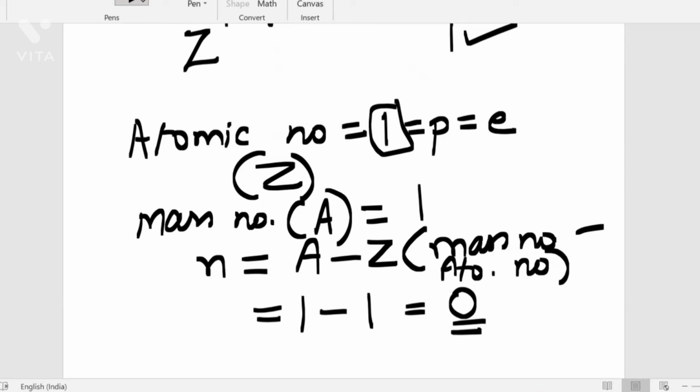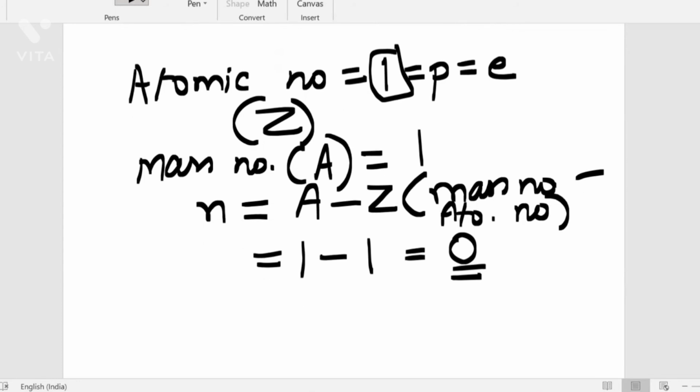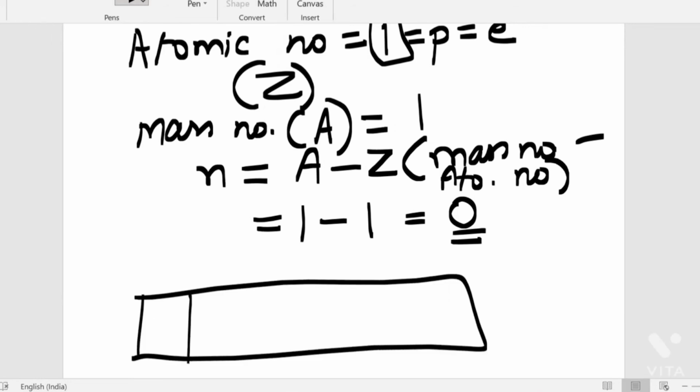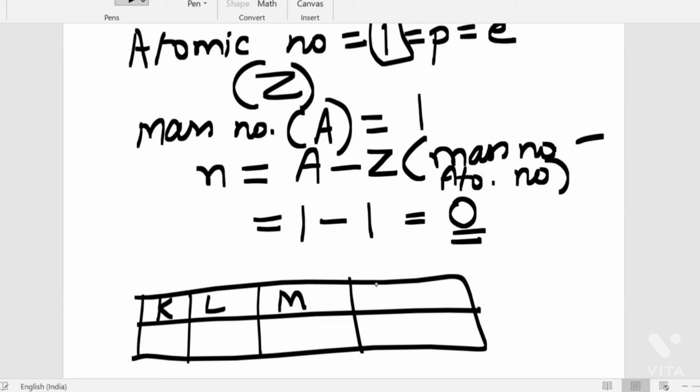Then how to write the electronic configuration? Electronic configuration means dividing the given atomic number into the shells. To write the electronic configuration, we'll draw this table to represent the K, L, M, N shells. Here the atomic number is given as 1, so you fill that electron in the K shell.